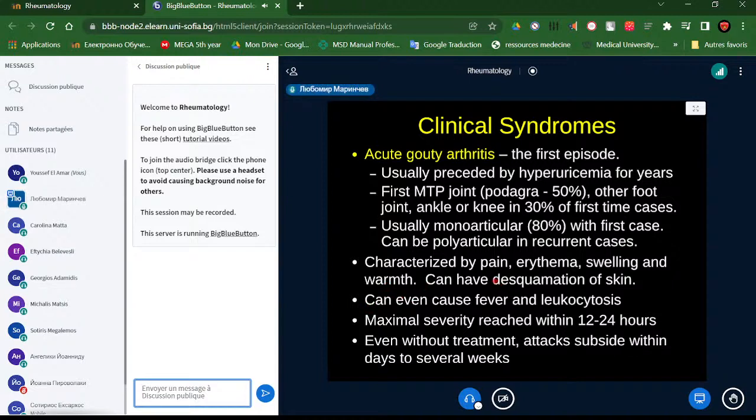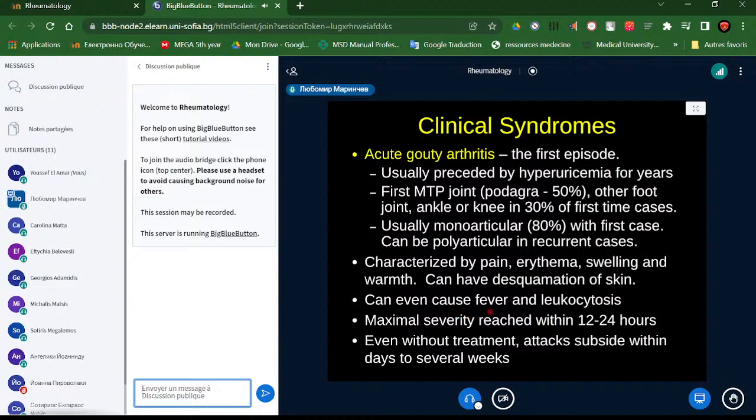The crisis is characterized by very severe pain, erythema, swelling, and warmth, the typical changes for inflammation. Sometimes there could be desquamation of the skin.